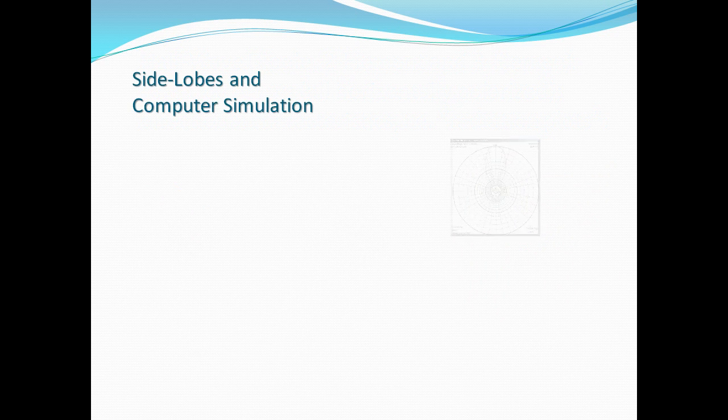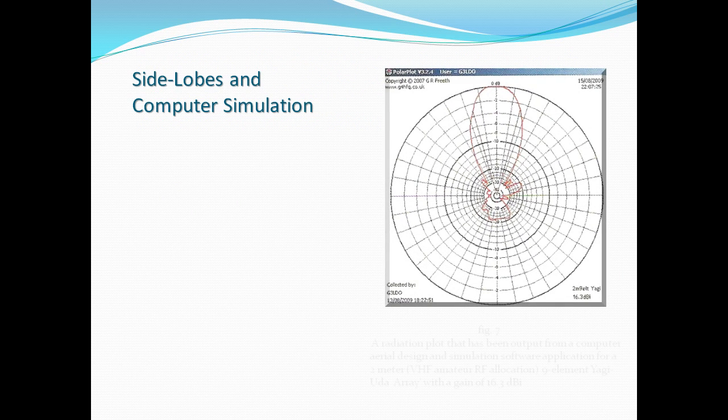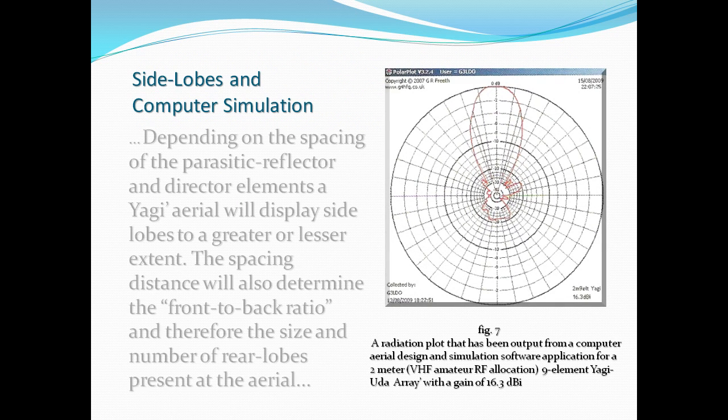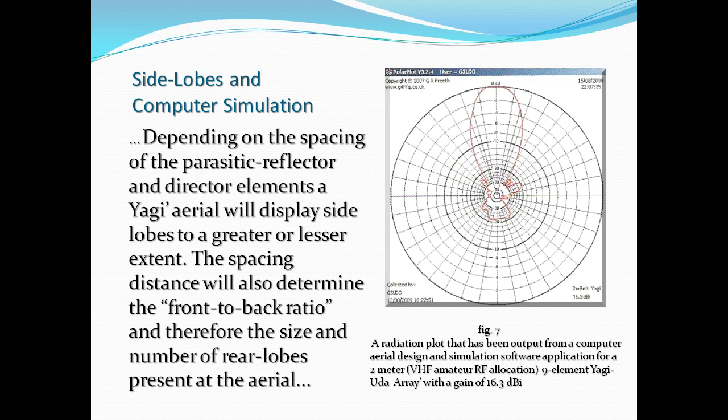Side lobes and computer simulation. Depending on the spacing of the parasitic reflector and director elements, a Yagi aerial will display side lobes to a greater or lesser extent. The spacing distance will also determine the front to back ratio and also the front to rear ratio, which is a slightly different parameter, and therefore the size and number of rear lobes present at the aerial.